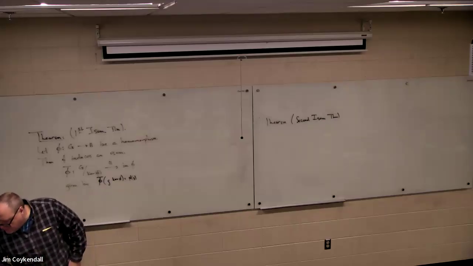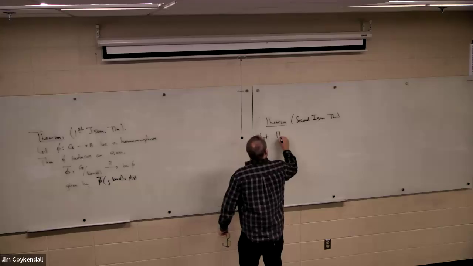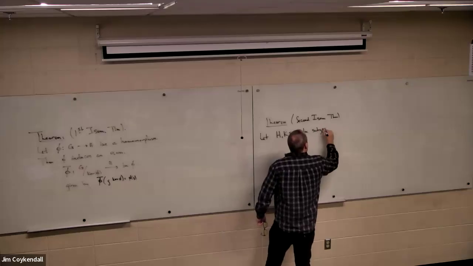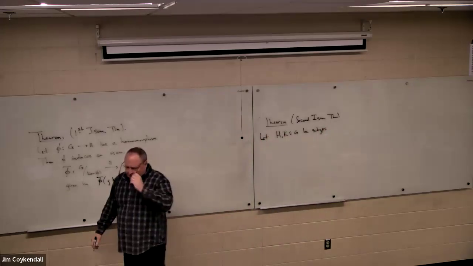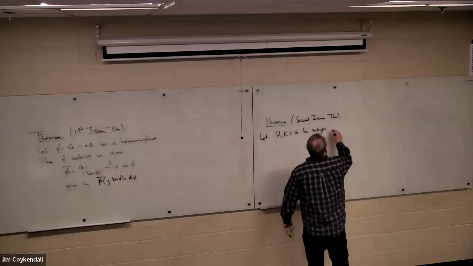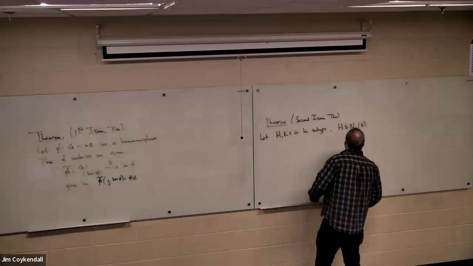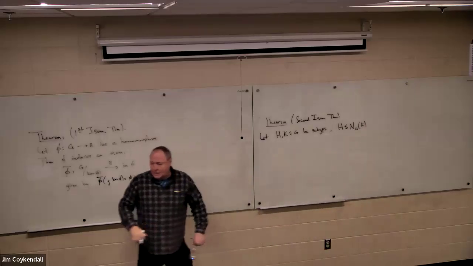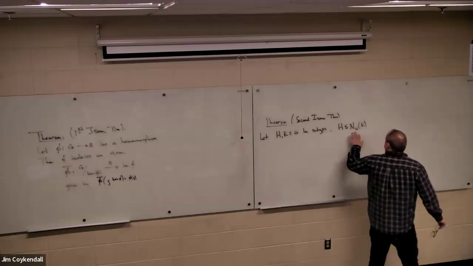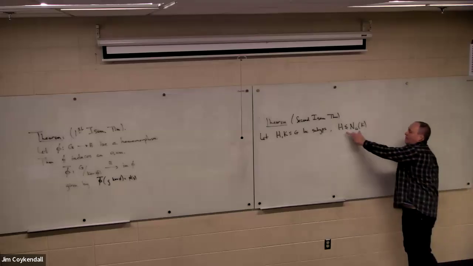Here we have subgroups of G. Let H and K inside of G be subgroups, and let's suppose that H is contained in the normalizer of K. So in particular, if K is normal in G, then this is always satisfied.